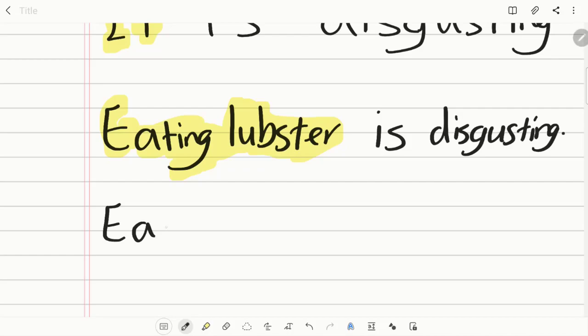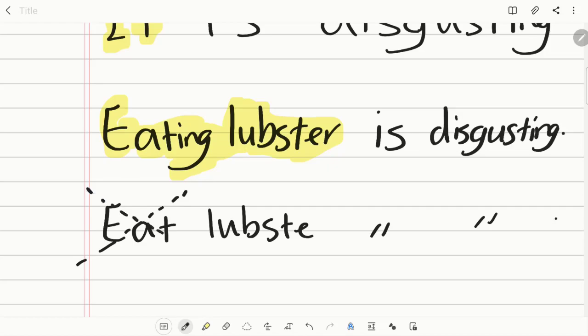Can I say eat lobster is disgusting? But for sure it's not possible to say eat lobster, because if you want to have a verb in the position of a noun, we need to add ing to the end of it.